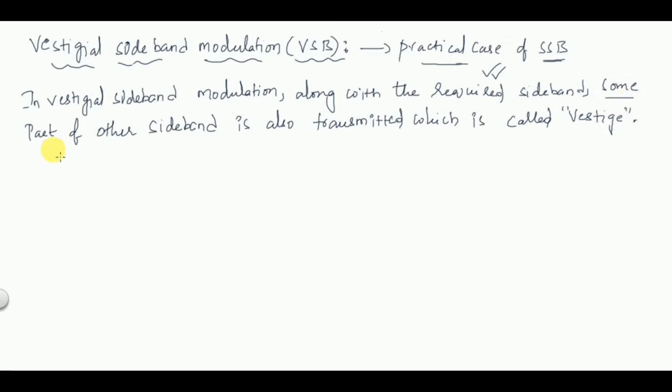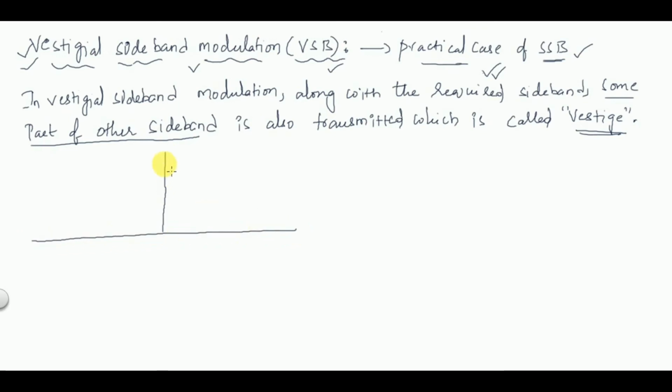That other part of the sideband is called the vestige, and the corresponding modulation is called vestigial sideband modulation. That is the only difference between SSB and VSB. If you use practical filters in the case of SSB, then that becomes VSB.